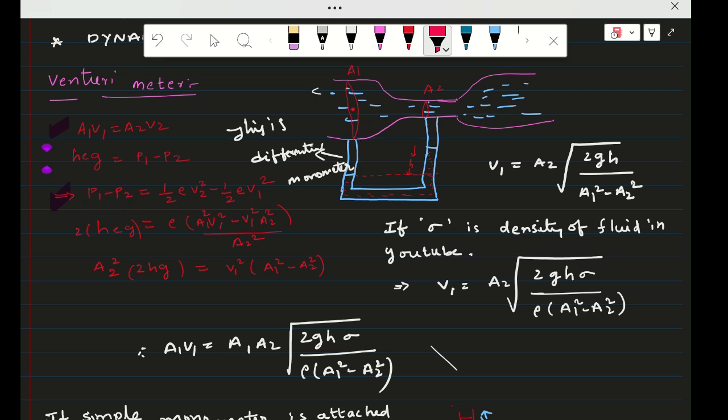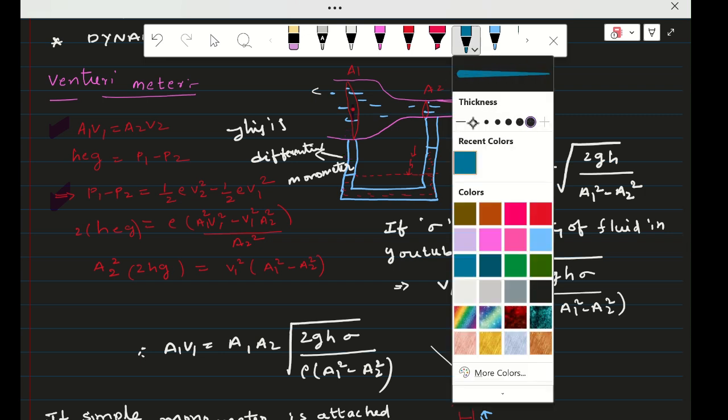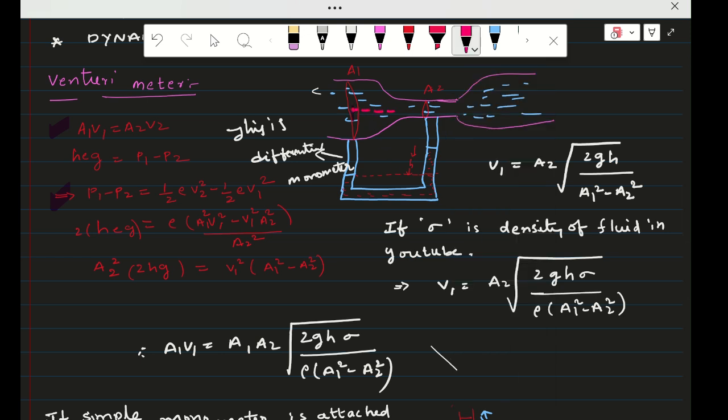Here, if you take point A and point B at the horizontal level, then for these points h rho g is 0. According to Bernoulli's principle, h rho g is 0. But there is a difference in the pressure energy here, P1 and P2, P1 minus P2. The difference in the pressure energy is equal to the difference in the height of the liquid considered here.